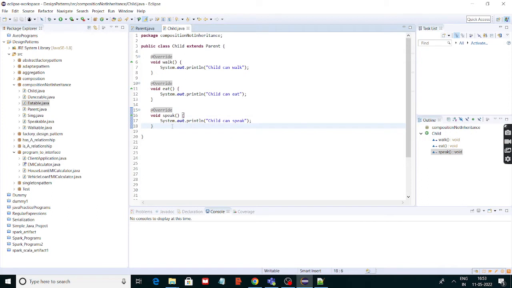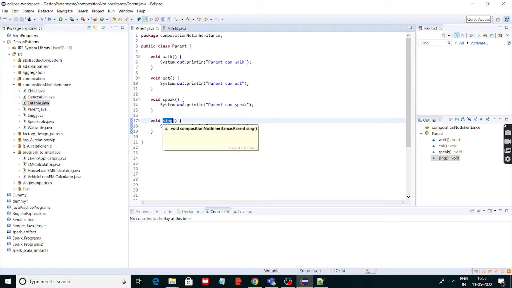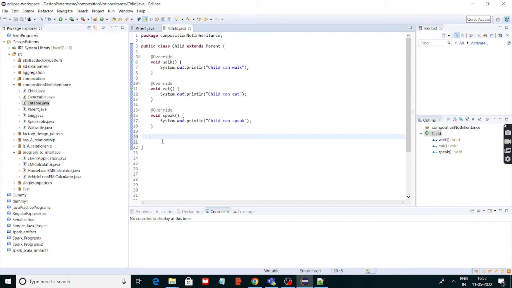But now, as per the inheritance concept, the child also should learn singing. But the catch here is that the child doesn't want to learn singing. Let's assume that. But because of the inheritance principle, the parent has learned singing and has implemented it, so the child also should learn singing just because the parent has learned.